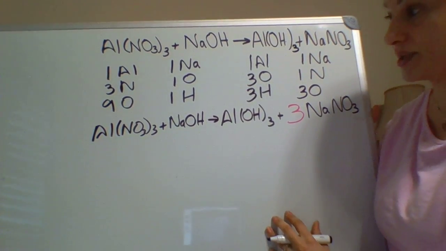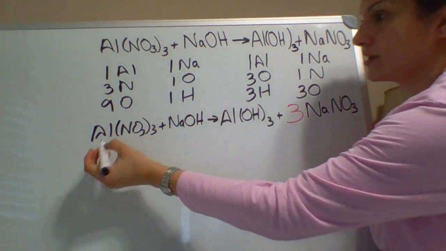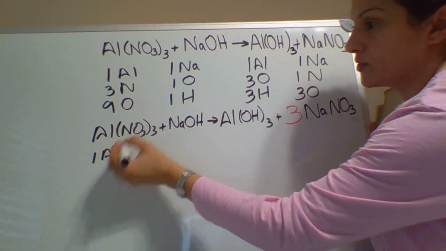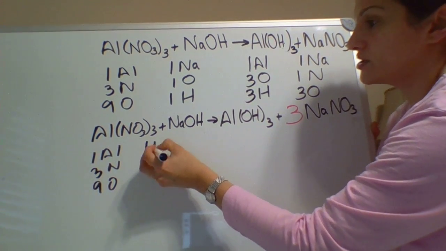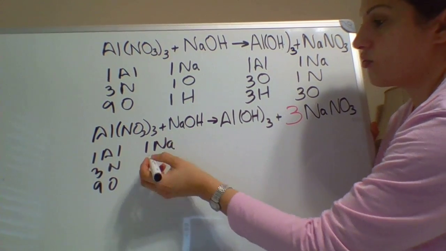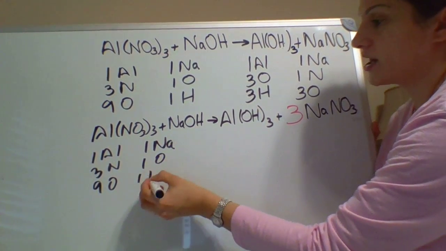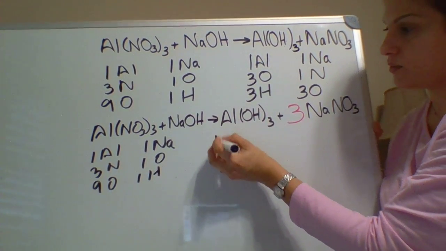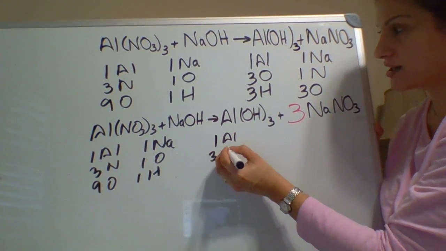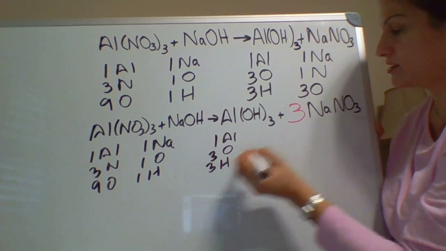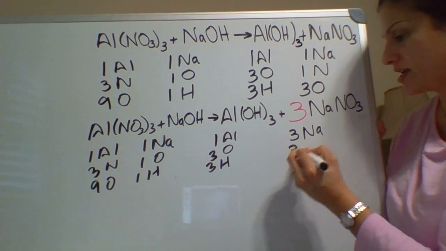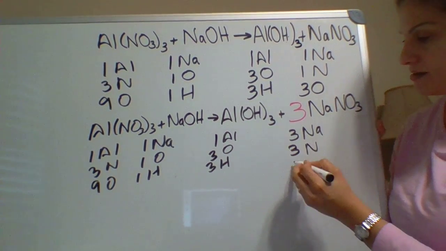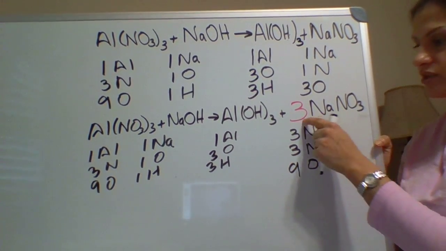Okay, so we got to count again. We still have 1 aluminum, we have 3 nitrogen, 9 oxygen, 1 sodium, 1 oxygen, 1 hydrogen. Okay, we have 1 aluminum, 3 oxygen, 3 hydrogen. We have 3 sodium, 3 nitrogen, and 9 oxygen.